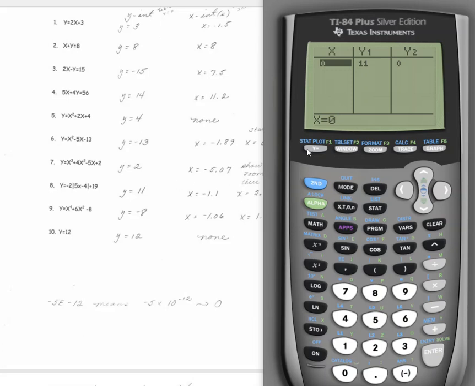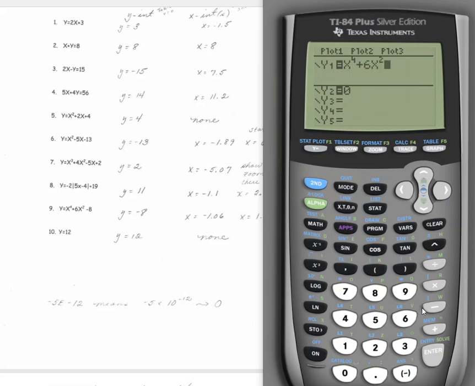All right, let's try the 4th degree one. Let's clear here. And let's have x to the 4th, move over, plus 6x squared, minus 8. Okay, graph. 2 x-intercepts, second, calc 5, enter, enter, enter.